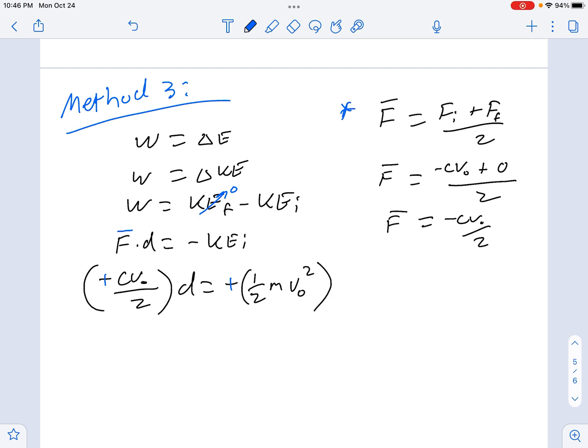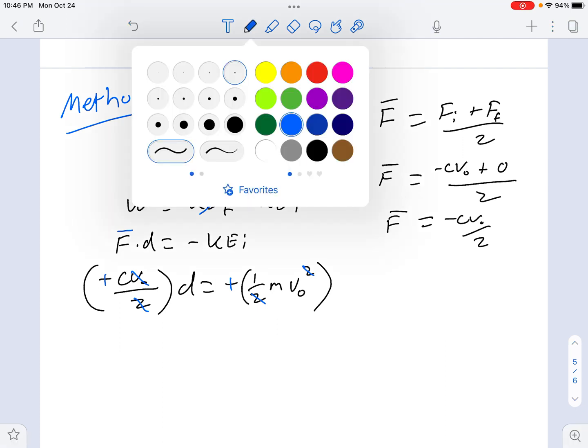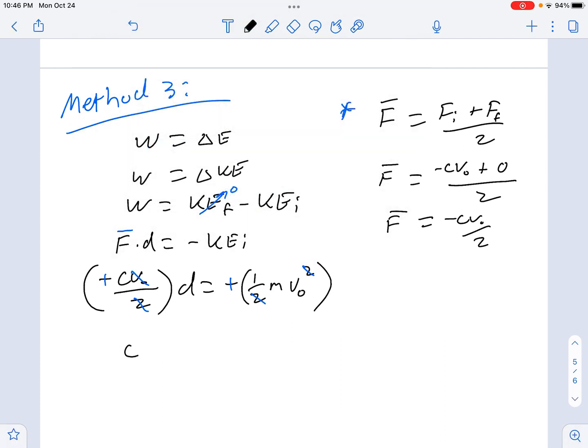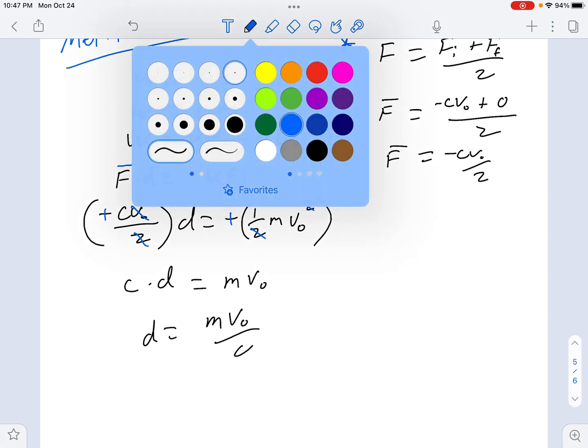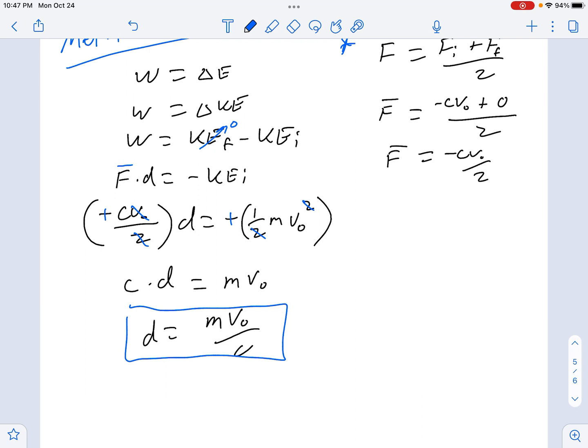In both cases, you've got a 2 down in the denominator, so that cancels out. And we also have V naught on both sides. Here it's squared and here it's just V naught. So most of this simplifies down. I got C times D is equal to M times V naught. And so the amount that the bullet is displaced through the wood is equal to M V naught over C.